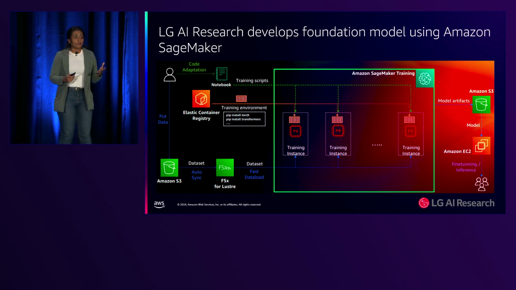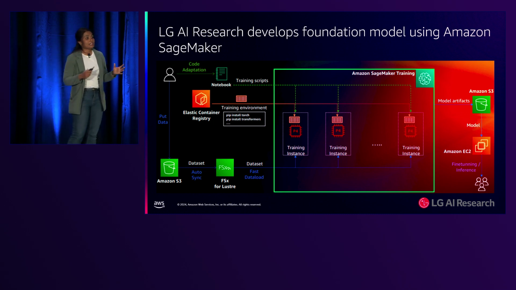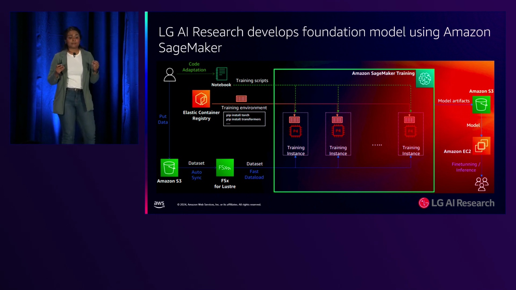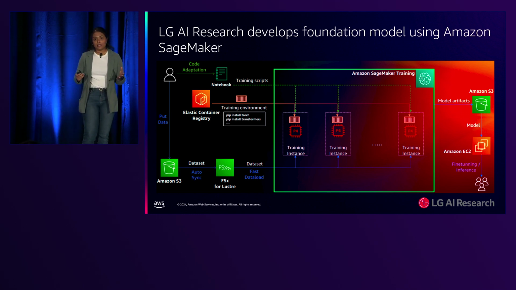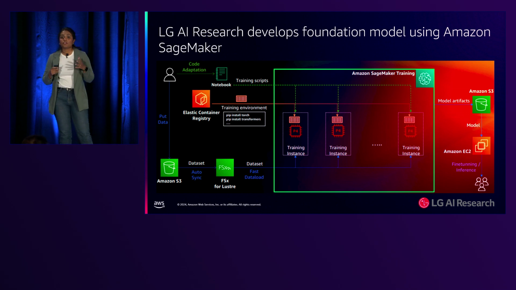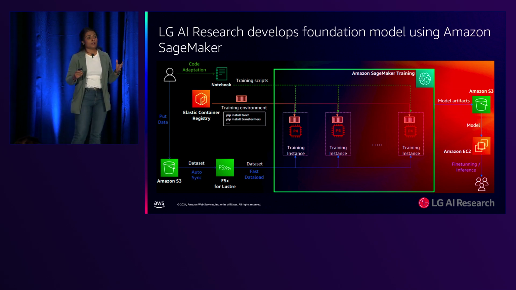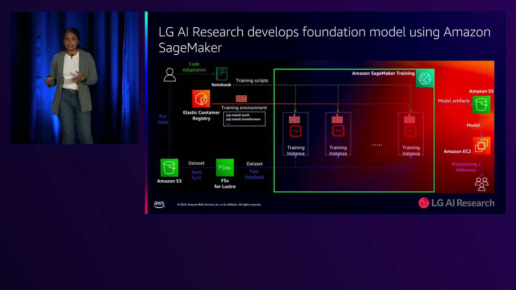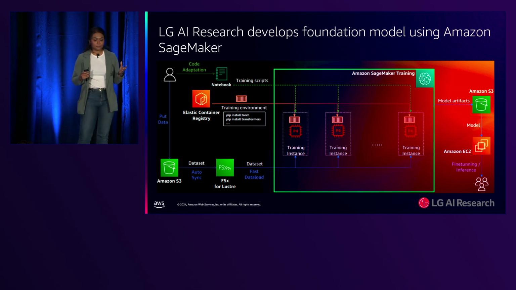Now, within 1 year of using Amazon SageMaker as well as Amazon FSx for Lustre, they were able to create their foundation model called Xion. Xion is a 300 billion parameter multimodal model that's trained on image as well as text data. It is exactly able to mimic how a human thinks. It's able to learn as well as take action on its own.